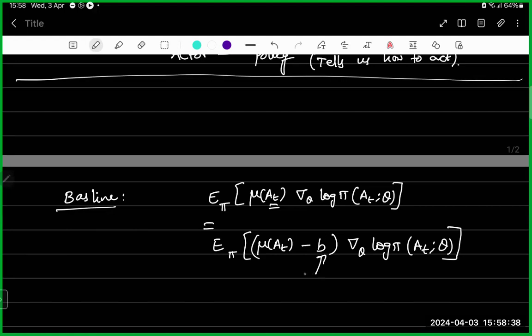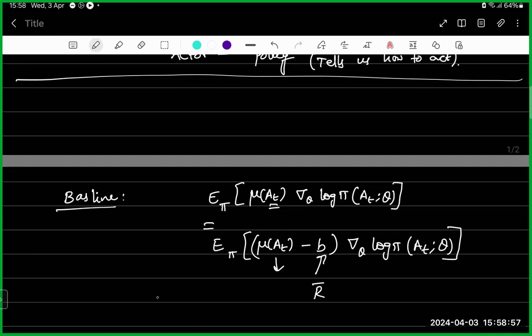One standard baseline that is used: here mu of a t is the expected reward for taking action AT, right? So instead of using that alone, you just subtract the average reward that you got so far, irrespective of what action you took.